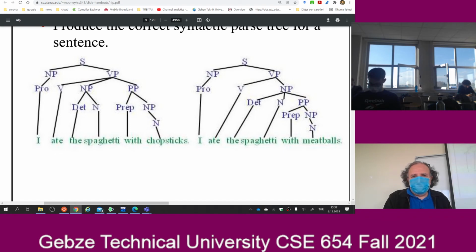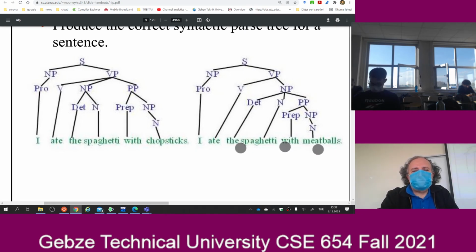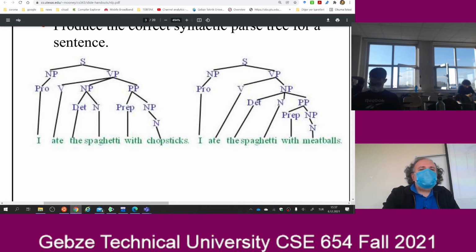See this. This one is verb, noun phrase, prepositional phrase. This one is verb, noun phrase. So the spaghetti with meatballs is the noun phrase itself. Here, spaghetti with chopsticks is not the noun phrase, it is part of a verb phrase. So the noun phrase is the spaghetti. With chopsticks is part of the verb phrase.